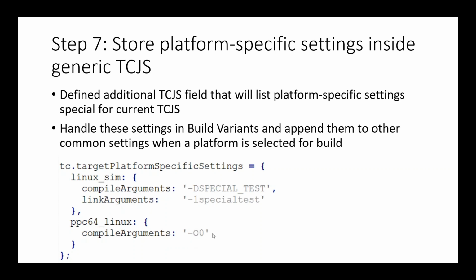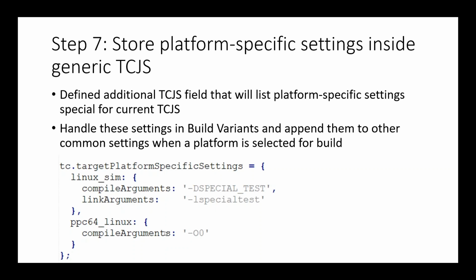For example, optimization settings can be different and can be specific for a concrete TC and concrete platform. So you cannot move all your optimization settings to the build variant for the platform, but you need to keep it inside your TCJS.